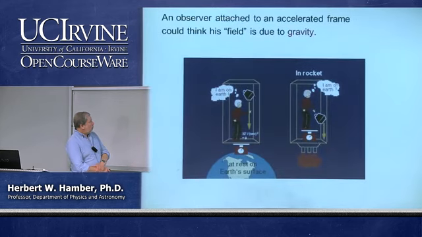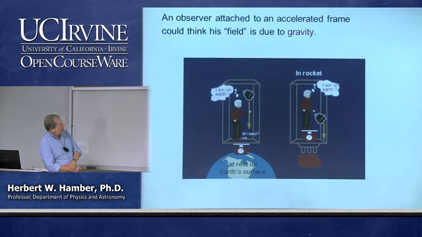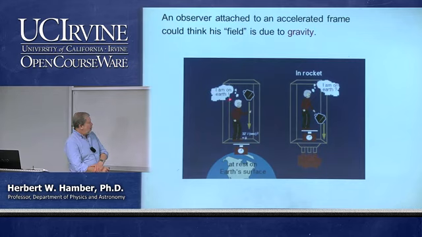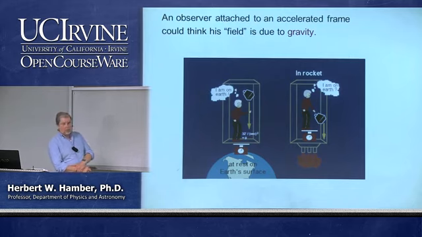And so here's a couple of pictures that illustrate what I'm talking about and what we discussed in class. In the first case, you have an observer, a person, on the surface of the Earth, experiencing a gravitational field, and as a result, bodies are attracted to the Earth.